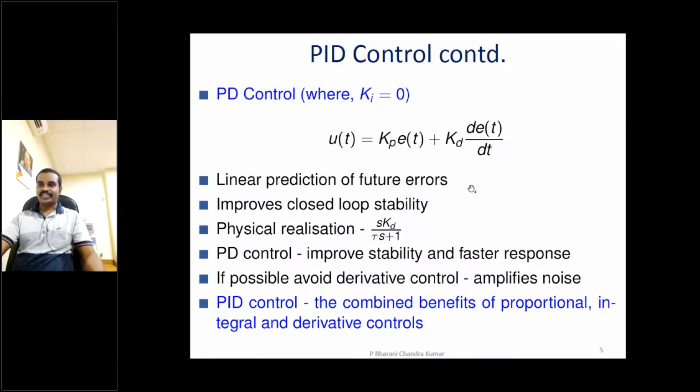And regarding the physical realization, generally this derivative term should be avoided in industries. There are two reasons. The first thing is you cannot directly realize Kd physically. So the approximate physical realization one generally does by using this term, where s is the Laplace operator and tau is the time constant. This time constant can be varied for different purposes.